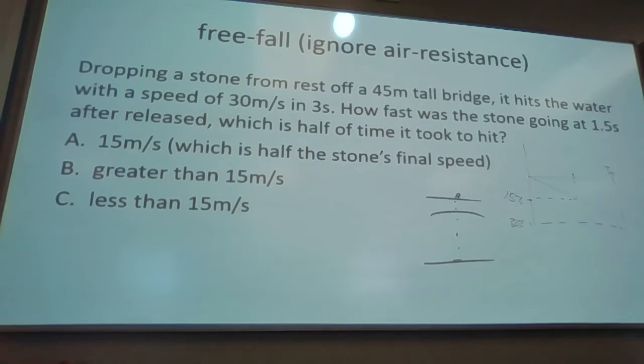The velocity is changing at a constant rate. So at half of the time, the velocity is changing only half as much. Okay, so that's another way you can do it, is using a motion graph. You could do it with plugging in numbers in a kinematic equation, finding that value.